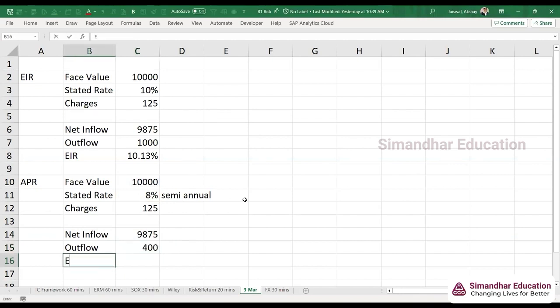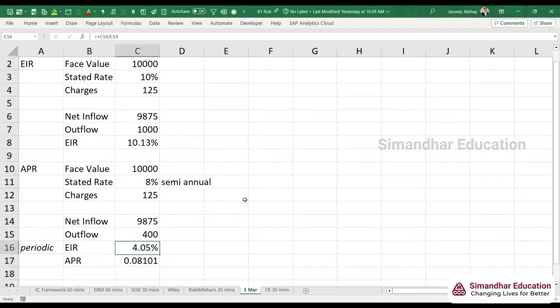So first we calculate the effective interest rate, which is periodic in nature. It is not for the full year. For the full year, we'll calculate the annual percentage rate. For the annual percentage rate, we take the effective interest rate and multiply it by the number of periods.